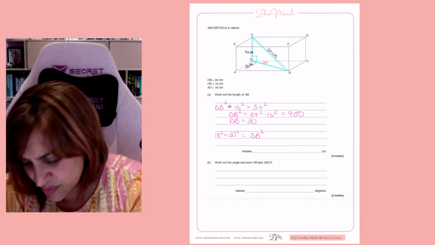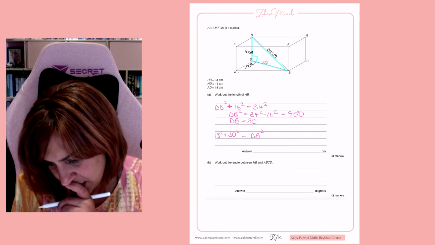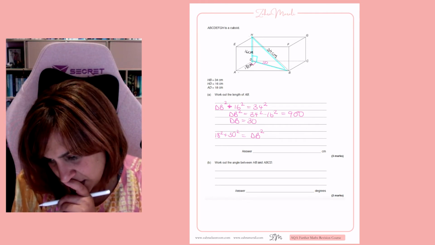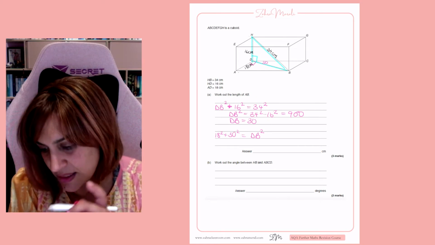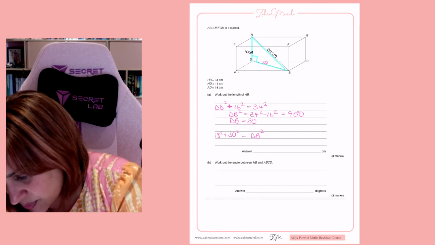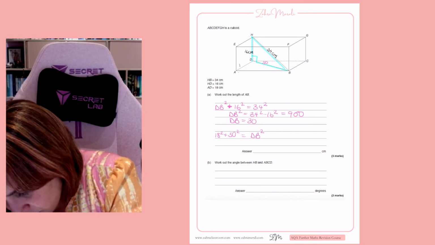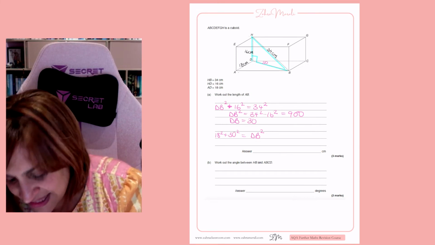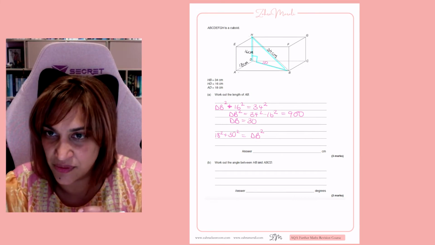Ignore me entirely. Okay, let's try to do this properly. Apologies for that. Right, where is my right angle in this triangle that I have?